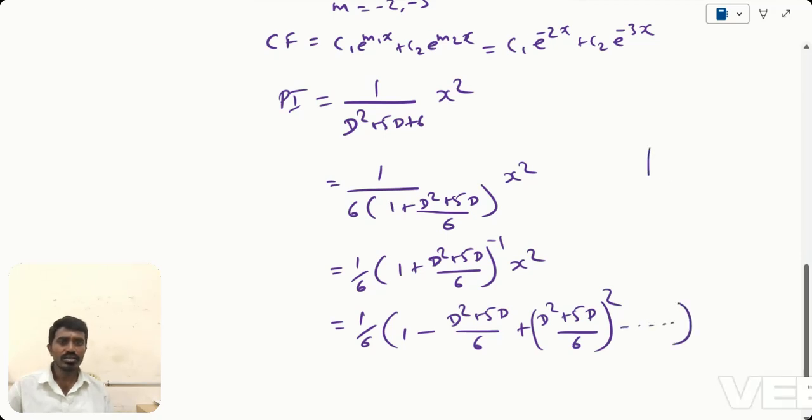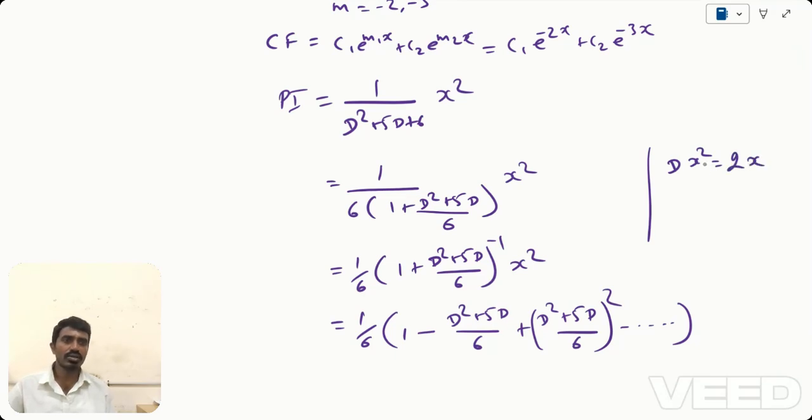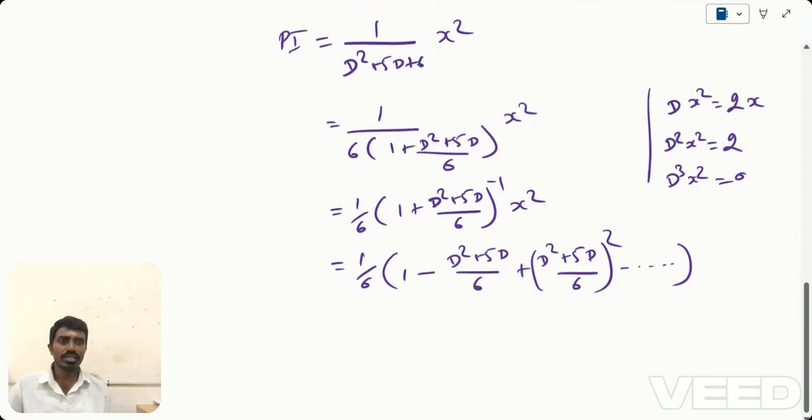Before that, D means differentiation. Now D of x square is what? D of x square is 2x. Differentiate x square with respect to x one time. So D square of x square means what? You differentiate x square twice. So one time differentiation is 2x. Once again, if you differentiate, then you get 2. Then D cube of x square is 0. So from D cube onwards, it is 0.